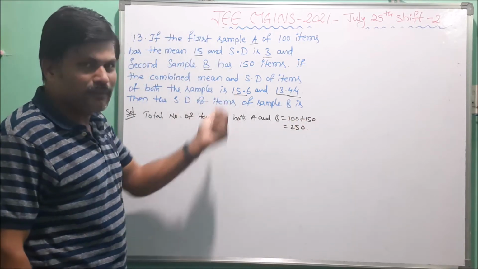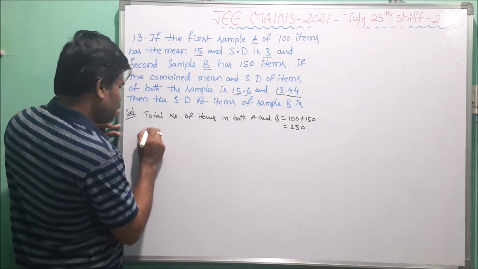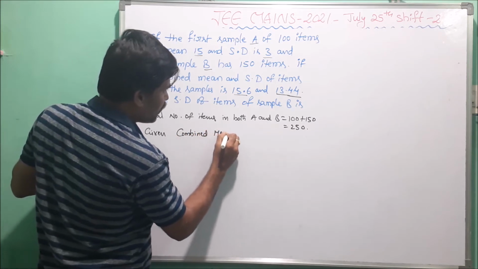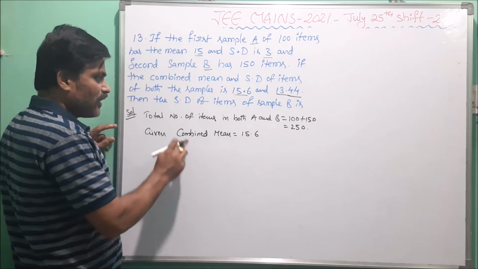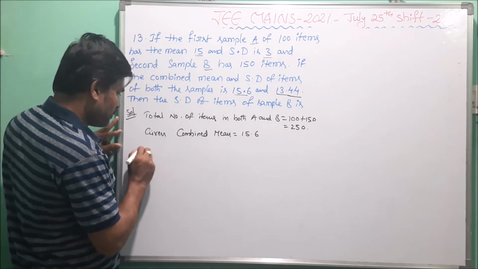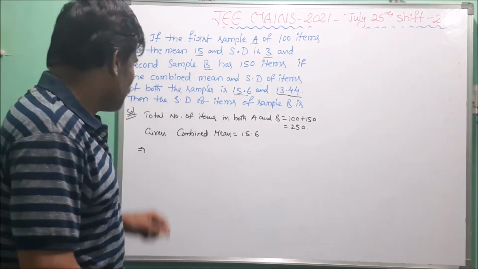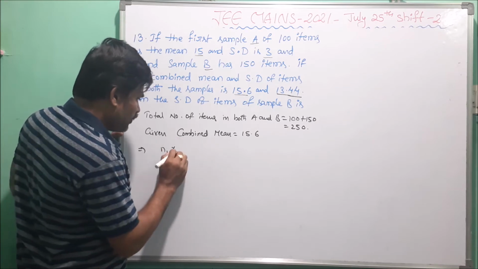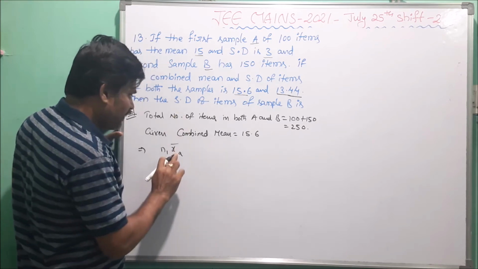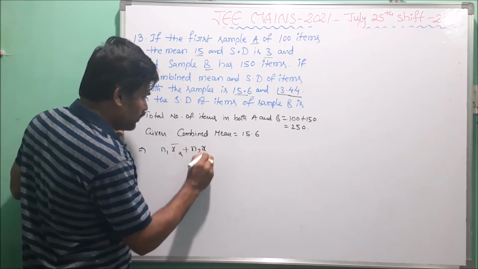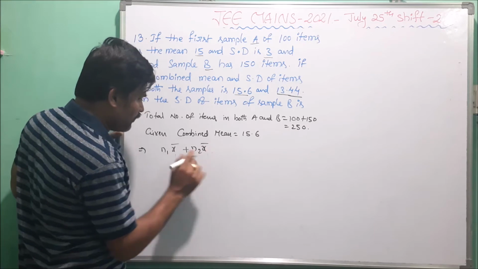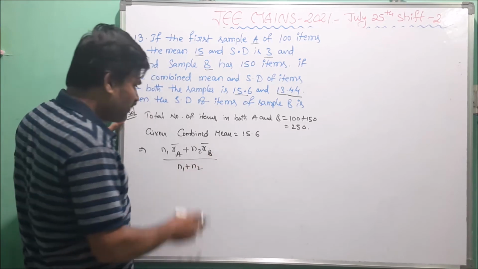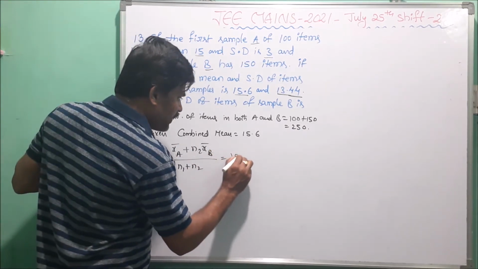Now the given combined mean is 15.6. Here we use the combined mean formula: N1 times X A bar plus N2 times X B bar, where A and B are the samples, whole divided by N1 plus N2. This value will be equal to 15.6.